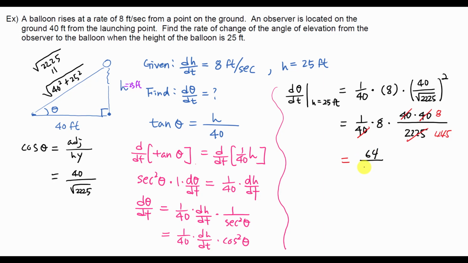And denominator is 445. Our d theta dt unit is radians per second. And if you run the calculator, it is about 0.14 radian per second.